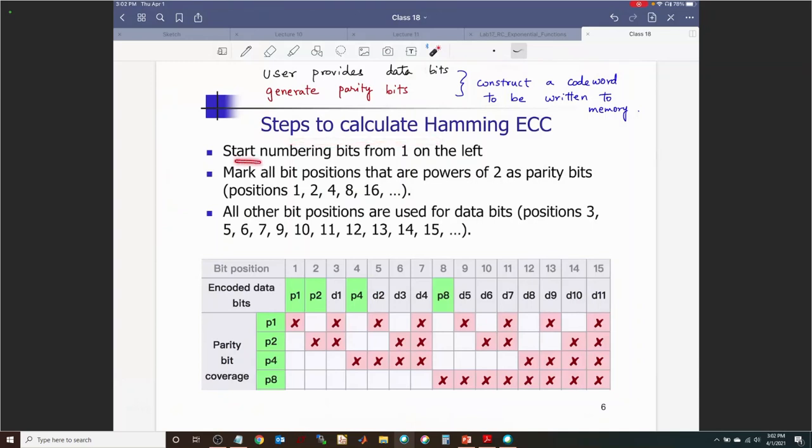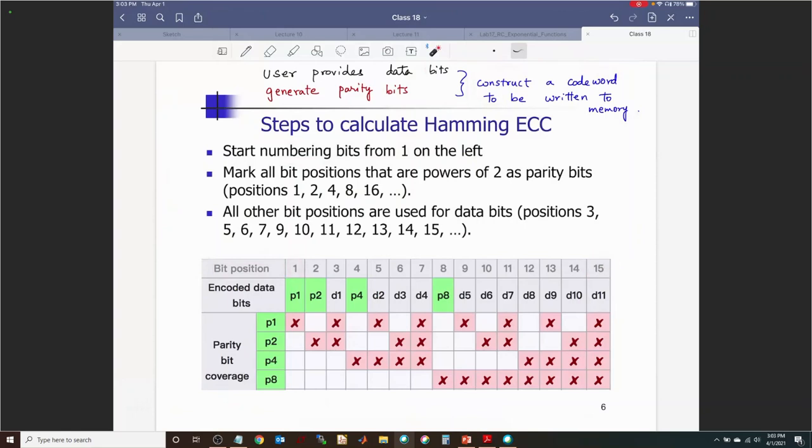First, you start numbering the bits from 1 on the left. You see, I have at the top of this table here, there is a bit position. The bit position is not starting from what we typically do, like bit position 0, 1, 2. We are starting this position with a 1. So bit position 1 all the way to bit position 15.